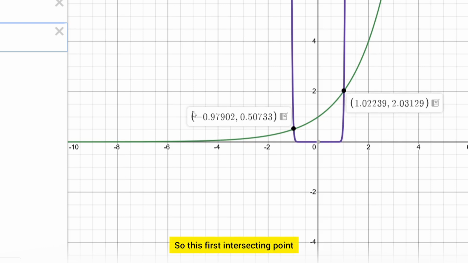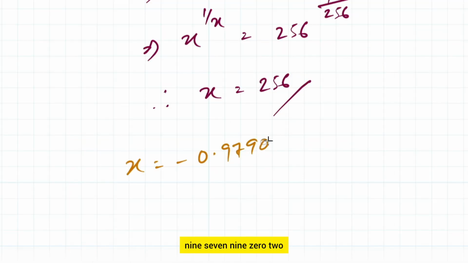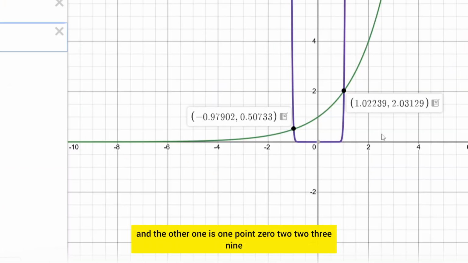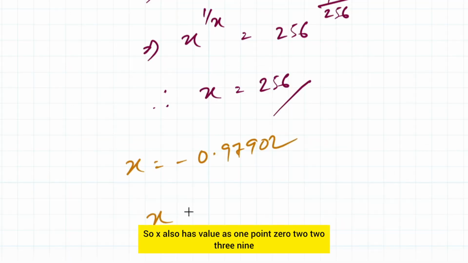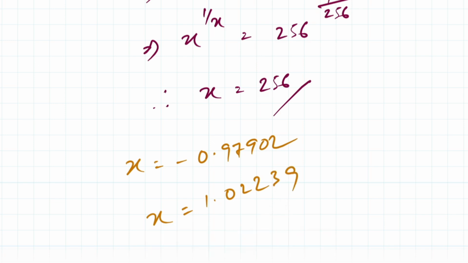The first intersecting point has x coordinate negative 0.97902, and the other one is 1.02239. So x also has the value 1.02239. So which of these answers are correct?